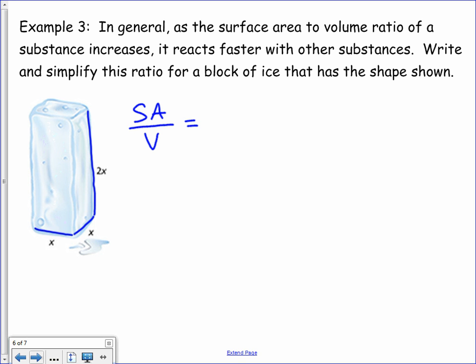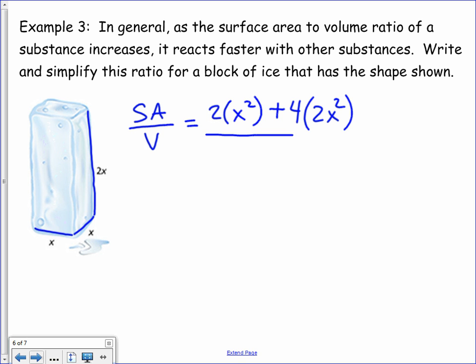So what will the surface area of this rectangular prism be? Well, that will be 2 times the bases, so x times x, that's the front and the bottom, plus 4 sides that are found by doing 2x times x, which would give us 2x squared.